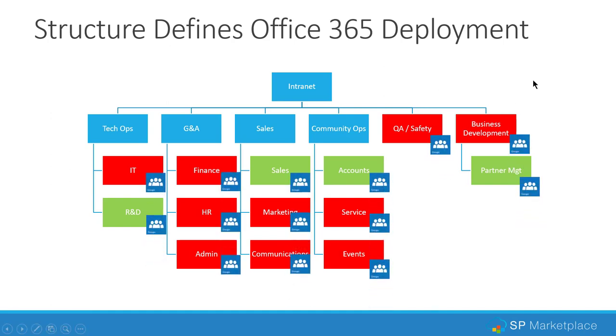And so we find that it starts to define what groups or what teams you need out there as well. And obviously you're going to have non-organizational teams as well, your revenue idea group or your project teams.